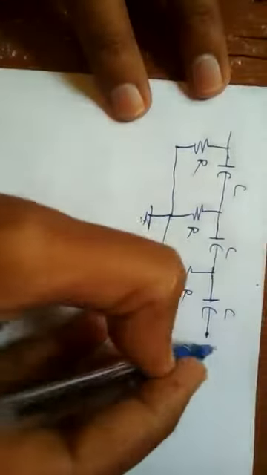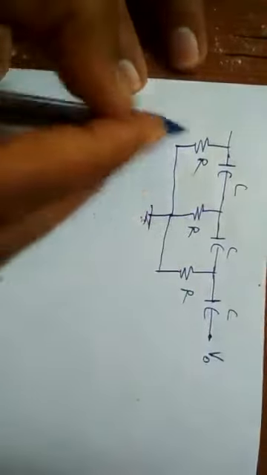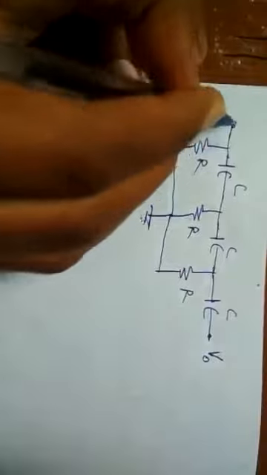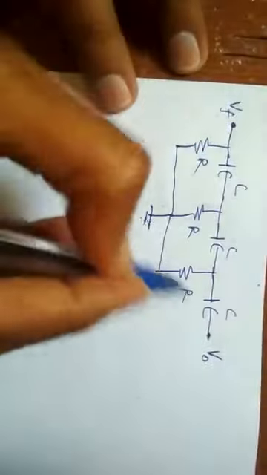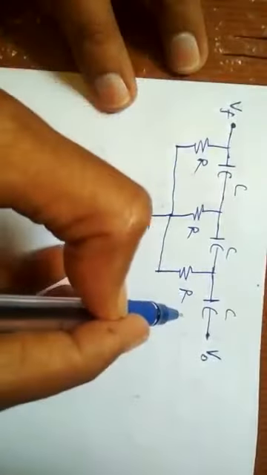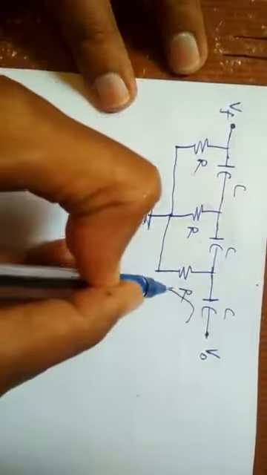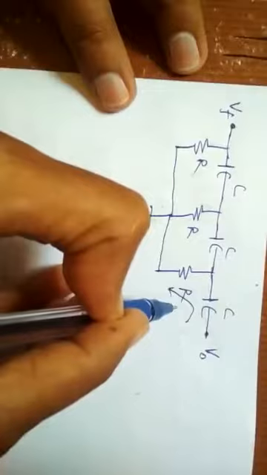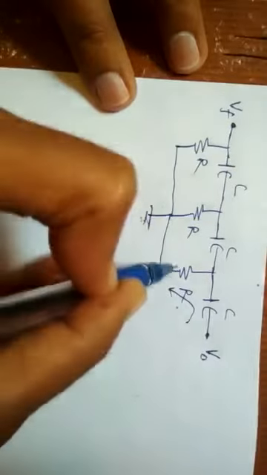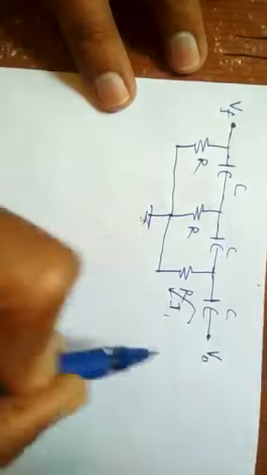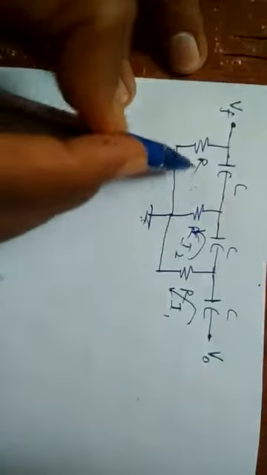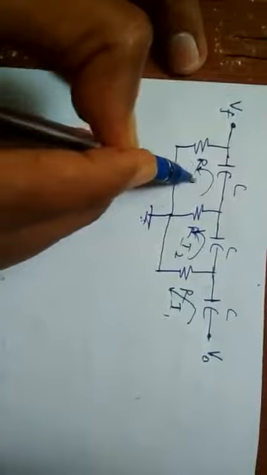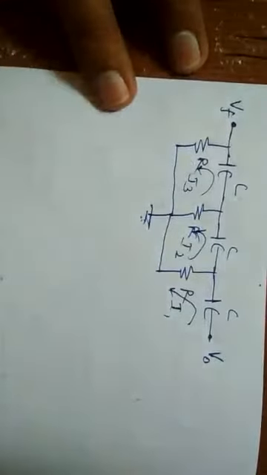Here the input to this feedback path is V out and the output of the feedback path is VF, and we have to consider the current flowing through this. The current in the first section shared by the first RC pair is I1, similarly in the second one it is I2, and in the third one it is I3.